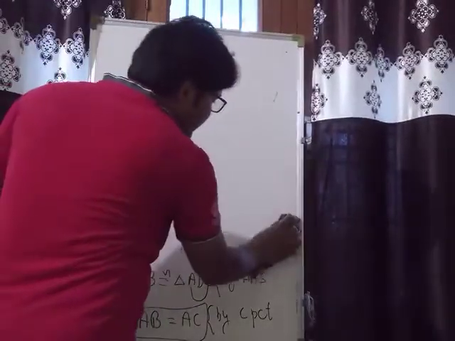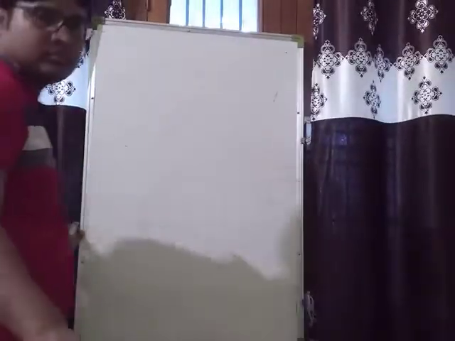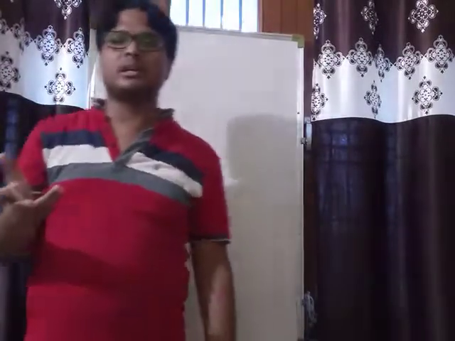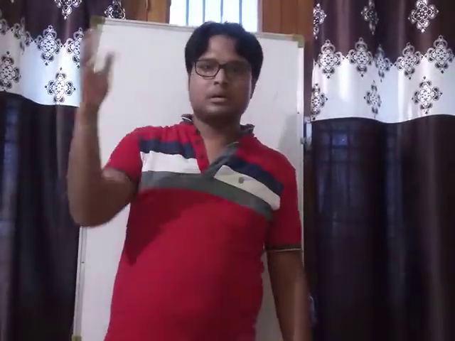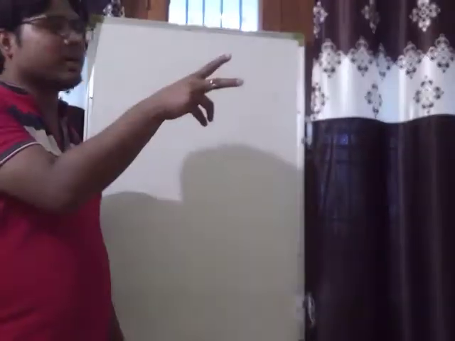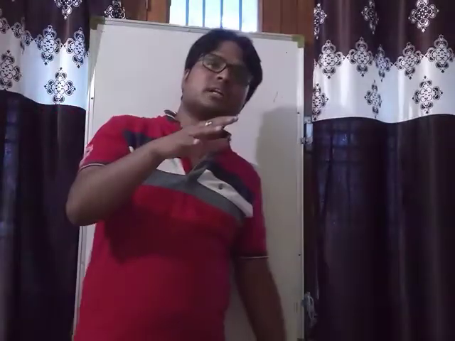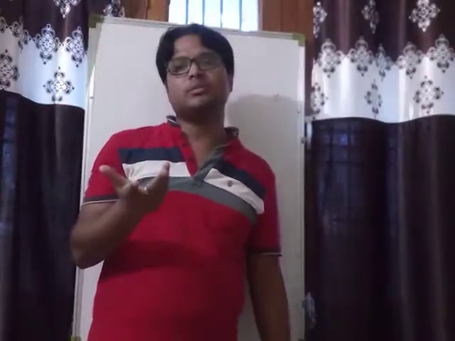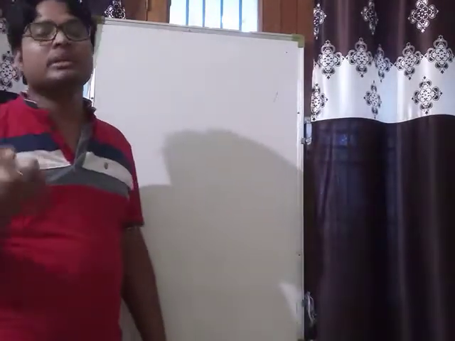Okay, now from here we can say in any equilateral triangle, clearly all sides will be equal. Then by using this theorem, because two sides are equal, then their opposite angles are equal. Clearly all the three sides are equal, that's why all the three angles will be equal. Okay, so each angle measure will be equal to 60 degree.